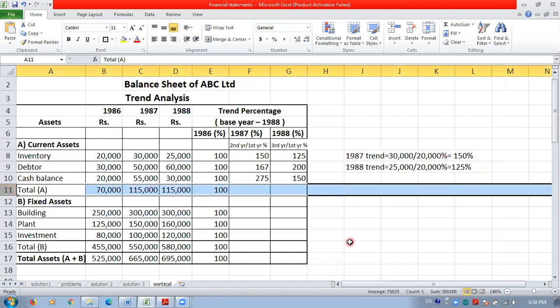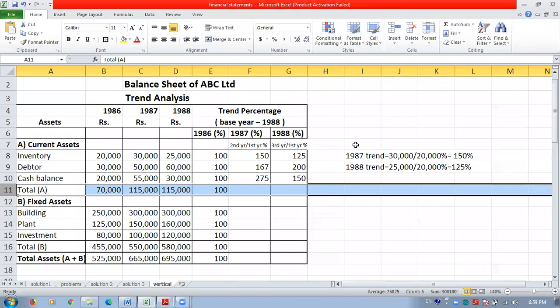Tell me for this second year trend and third year trend. Yes. We have to round off. So it is 164 and 164. Okay. So round off that.